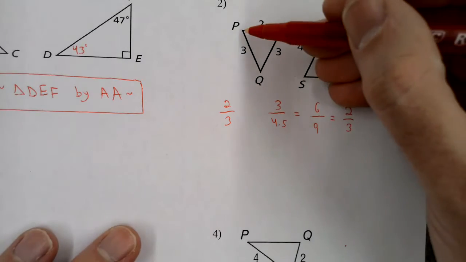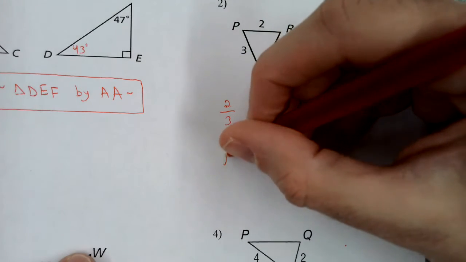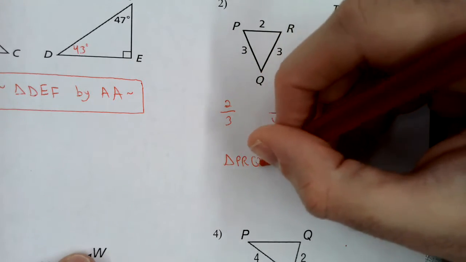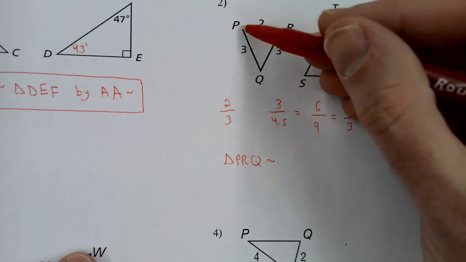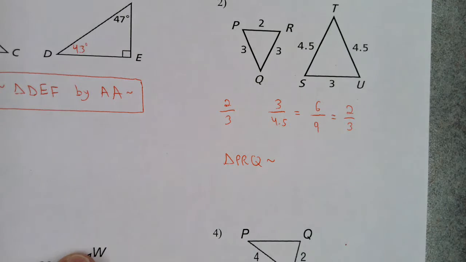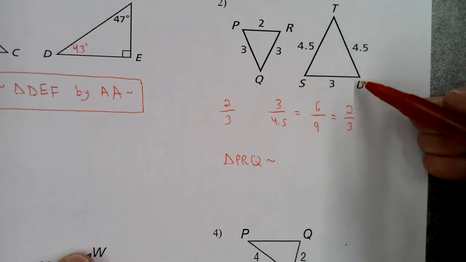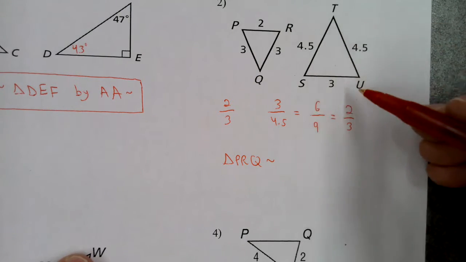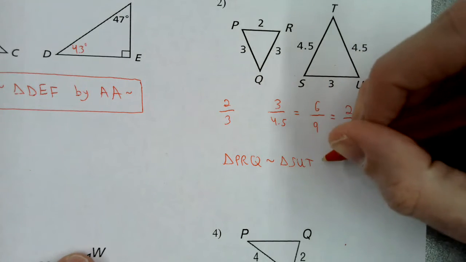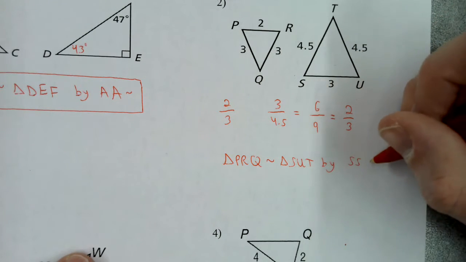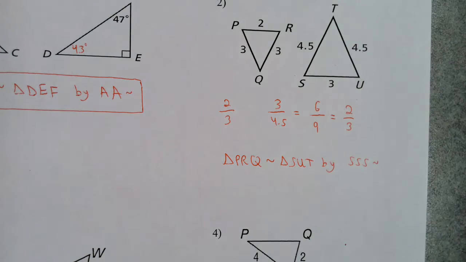So I'll say triangle PRQ. I did the smallest side first, PRQ. I'll do the same thing here, the smallest side first, SUT, by side similarity.